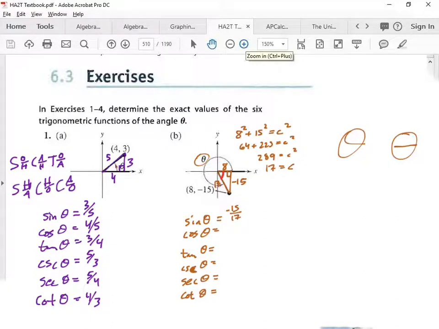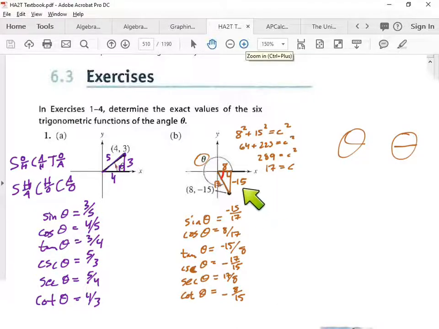And then the next one's going to be 8 over 17, but that's positive. Cosine's positive there. And then tangent is going to be negative 15 over 8, opposite over adjacent. Cosecant is the reciprocal of sine, so I'm just going to flip the negative 15 over 17 to get negative 17 over 15. And then secant, I'm going to flip the cosine, which is 17 over 8. And then for cotangent, I'm going to flip the tangent. That's going to be negative 8 over 15.